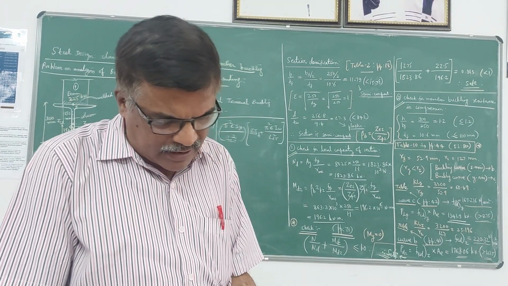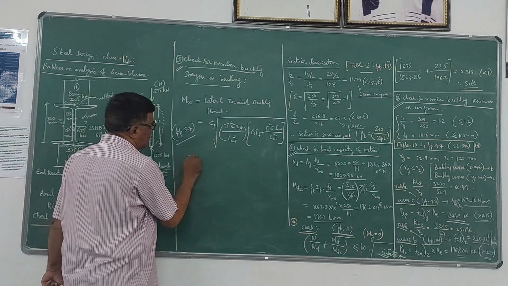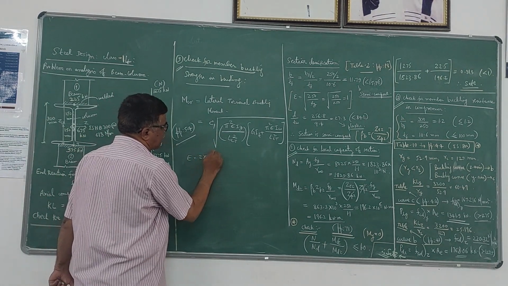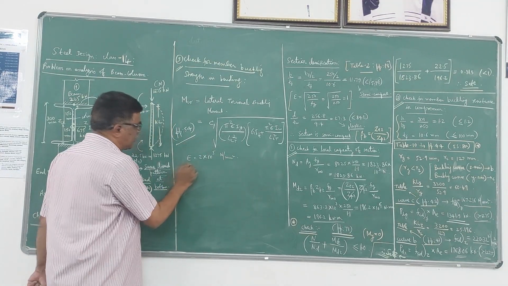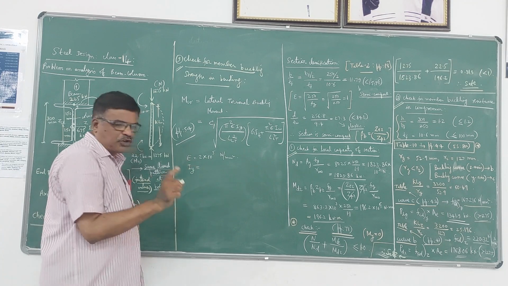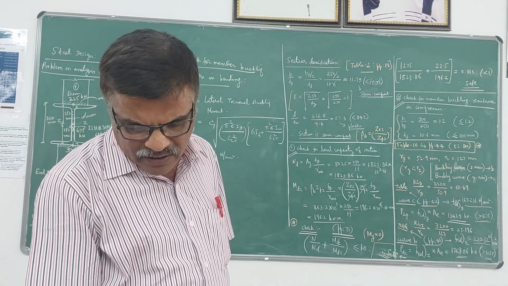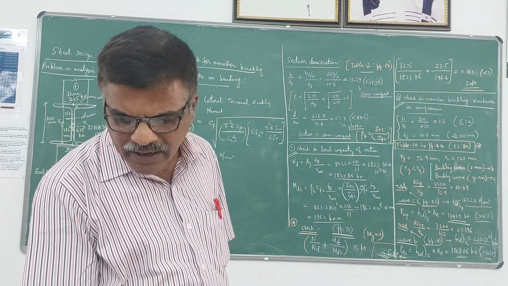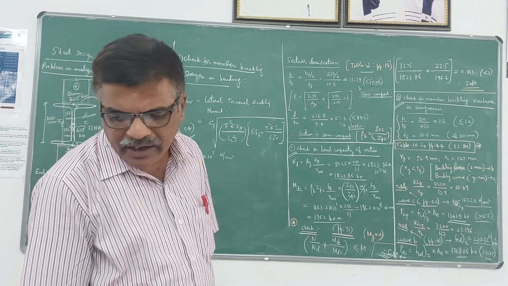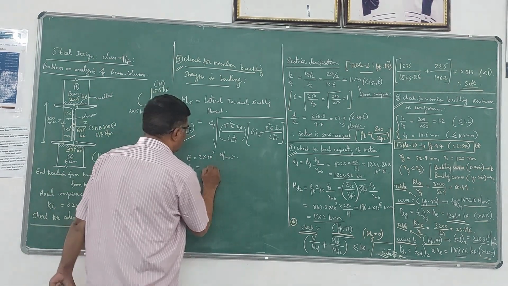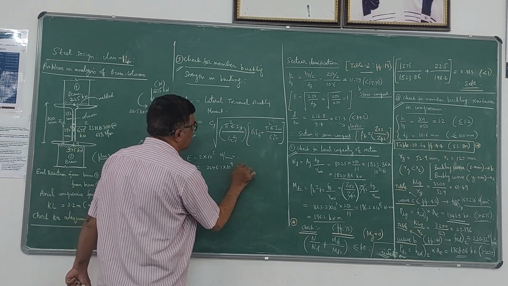Now here, once you know all these values, of course E value you can take for steel as 2 into 10 power 5 Newton per mm square. Iy value for the particular section which we have assumed is already written. So what is the value of Iy? Iy is here 2246.7 into 10 power 4 millimeter power 4.